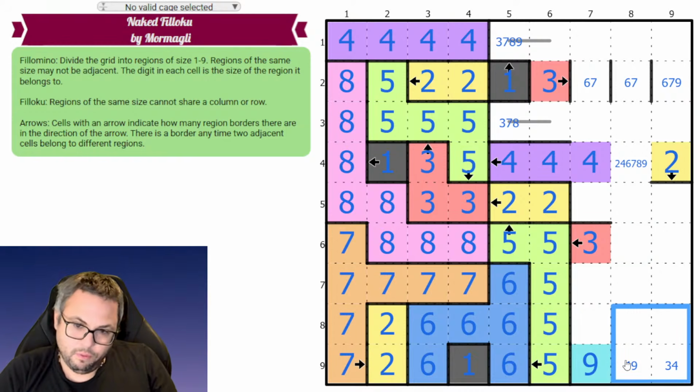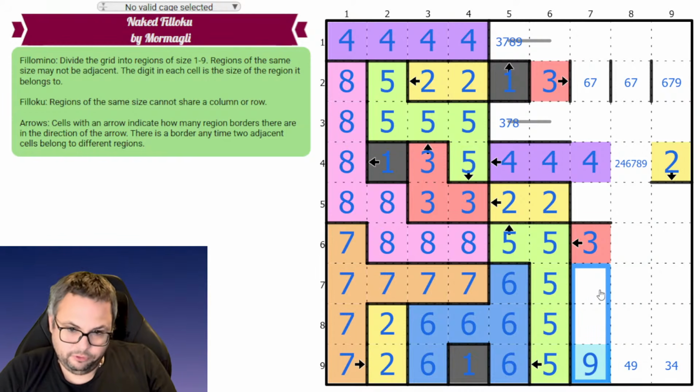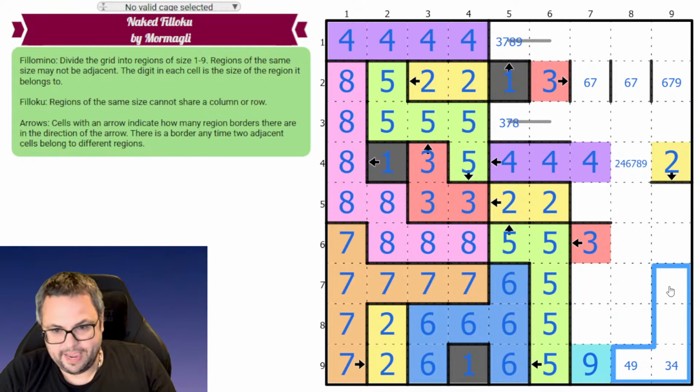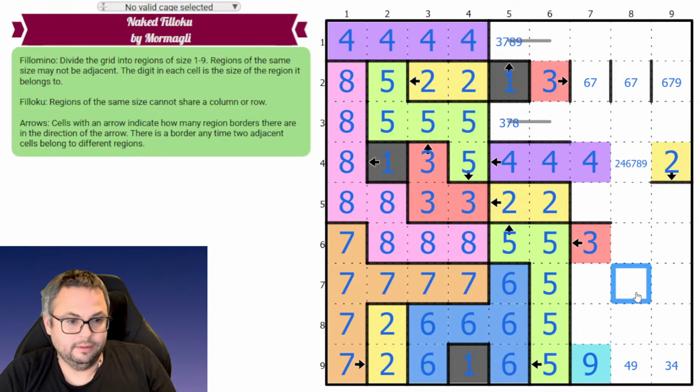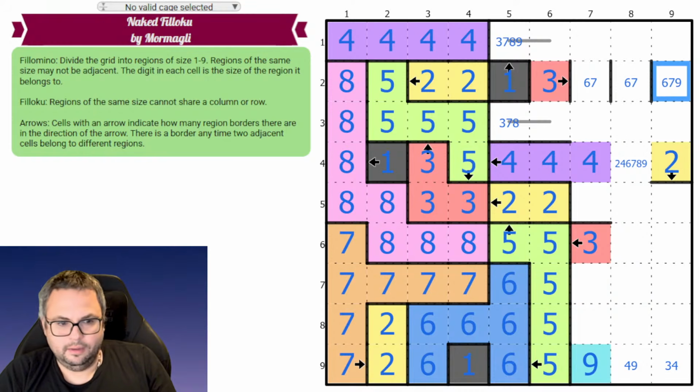Okay, if this is a 4, then it's going to push this up over here, or maybe actually it could even look like that. No, it can't look like that. It ends up breaking the 3, but in some complicated way. Oh, could this be this 9?